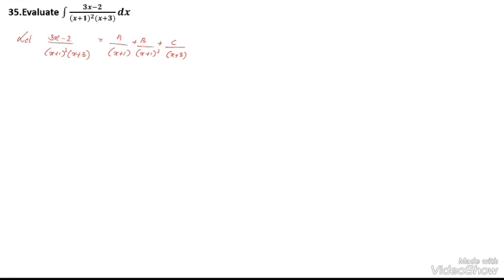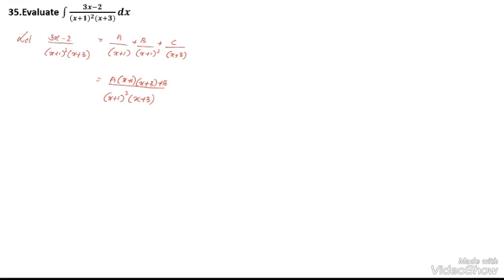Okay. So now while taking the LCM, what is the LCM here? x plus 1, (x plus 1) square and x plus 3. The LCM is (x plus 1) whole square into (x plus 3). While multiplying, (x plus 1) square is there, so for a we multiply (x plus 1) into (x plus 3).